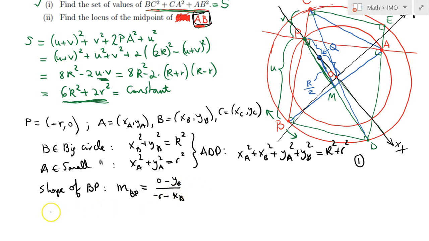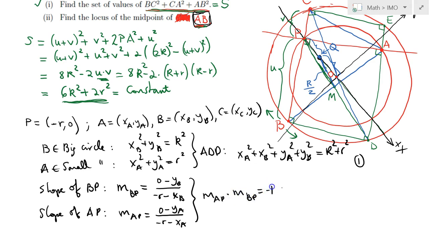And in a similar way, the slope of AP is equal to 0 minus ya over minus r minus xa.